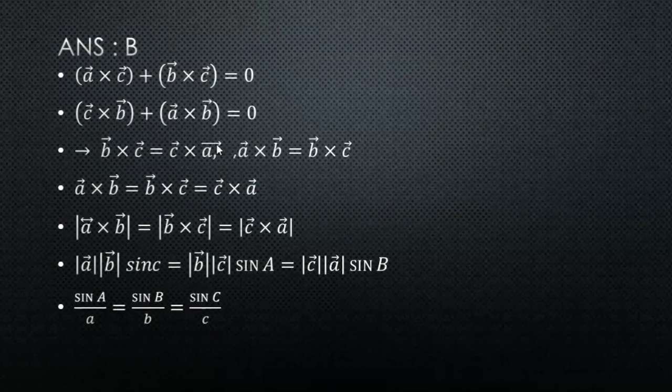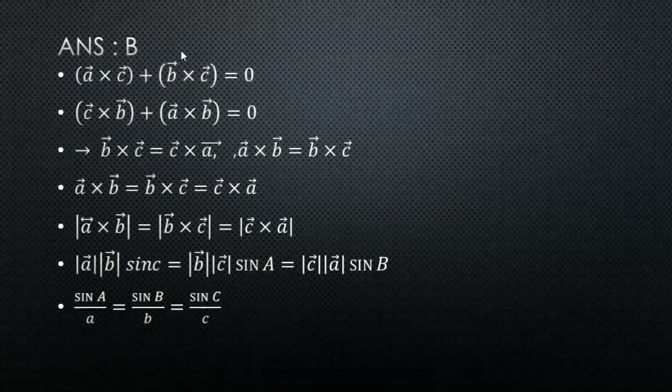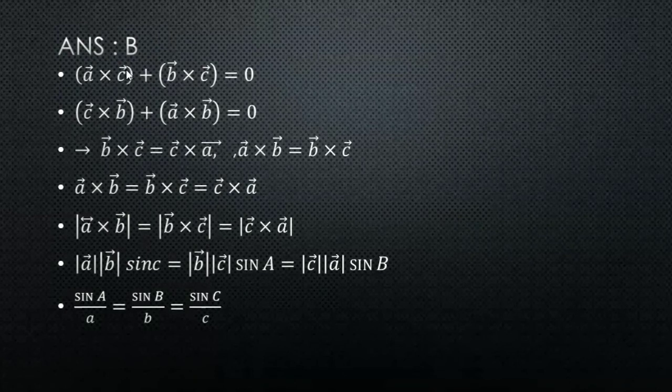Is it clear? Now, A vector cross C vector plus B vector cross C vector is 0, so you can write B vector cross C vector should be equal to negative of that. I mean, this should be equal to C vector cross A vector. Is it clear?